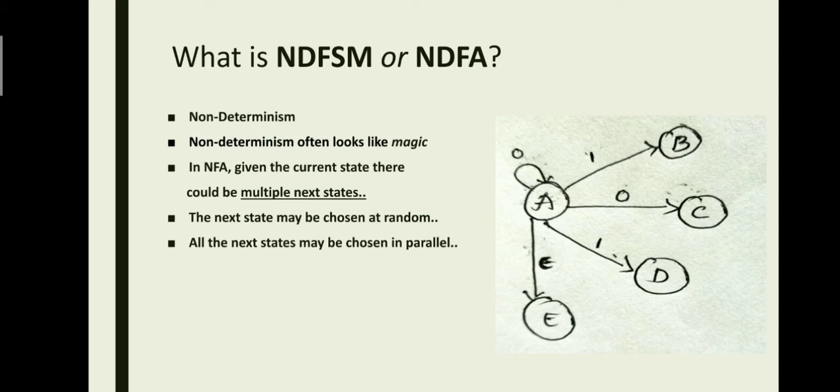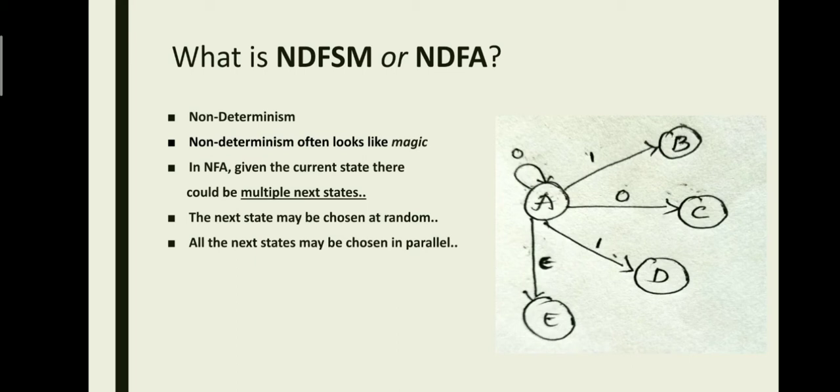I'll repeat it again. A on getting input 0 could stay in A itself or go to C. Similarly, if it gets input 1, it can go to B or it can go to D.